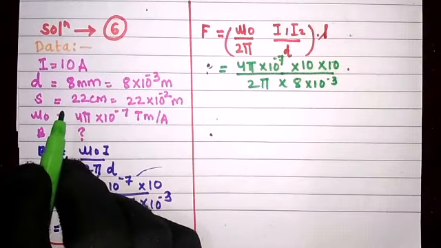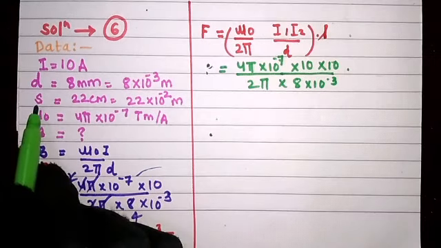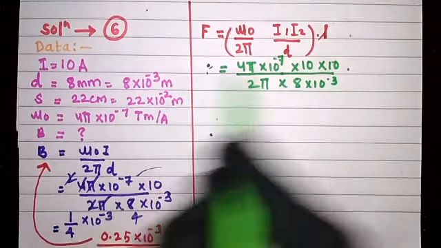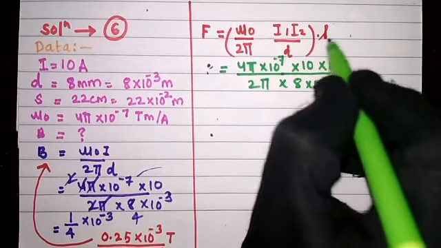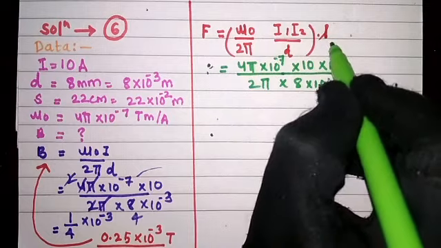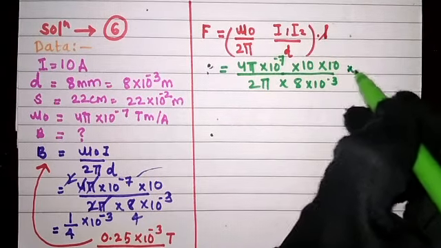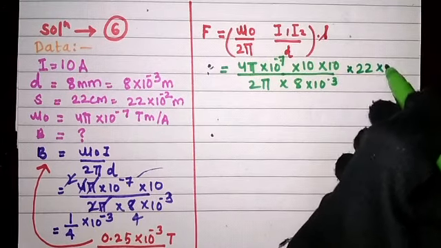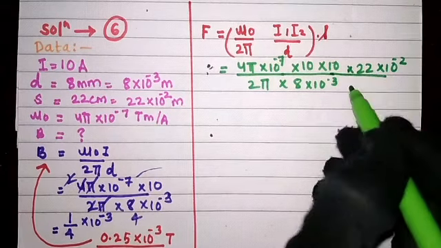Length of the wire. So here we have been specified a section of the wire, that is AB, given as S equal to 22 centimeter. So instead of L you can also write S, but this is the main formula that we have already derived. So S and L both will be equal, that is 22 into 10 raised to minus 2 meter. So these are all the data.